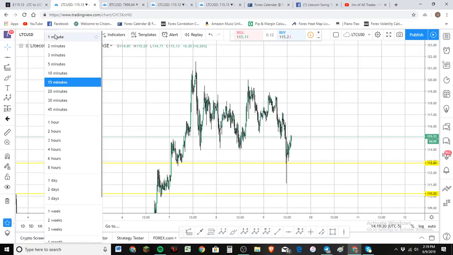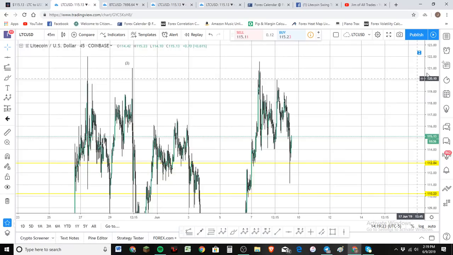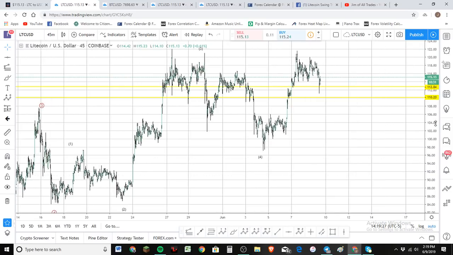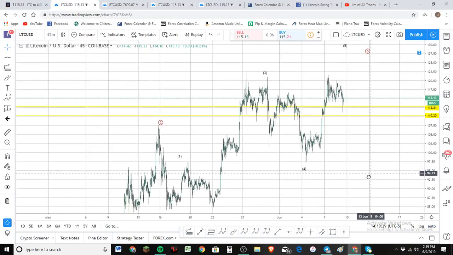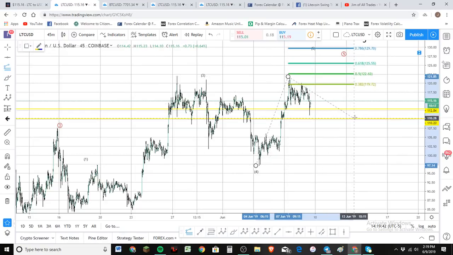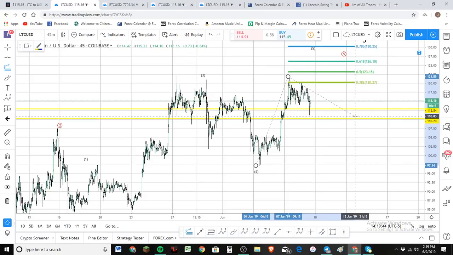So what are we looking for as far as price targets for that trade? Well, now assuming that I'm correct in this, let's just throw the fibs on this guy. So we're gonna start down here from the bottom of one to the top of three to the bottom of four.